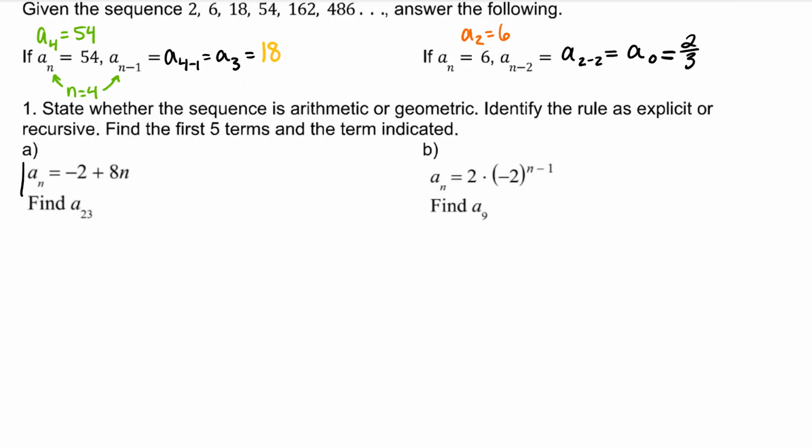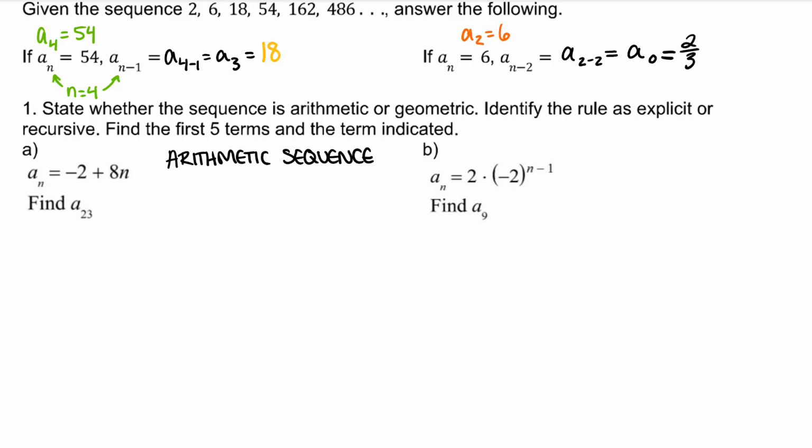For 1a, first we have a sub n, which is basically y, and it's dependent on your independent n. This to me looks like y equals b plus mx, your independent variable and your dependent. And b, or -2, is just my y-intercept, or a sub 0 in this case. This will appear linear, which means it is an arithmetic sequence.